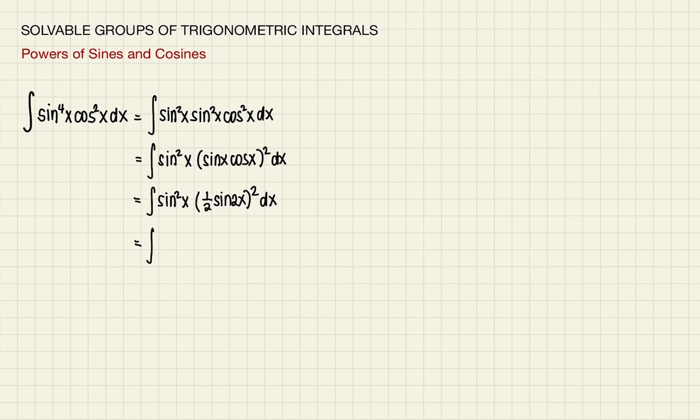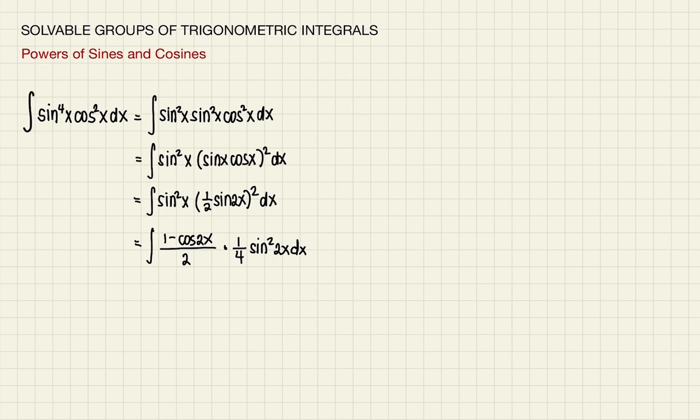So sine squared x is equivalent to 1 minus cosine of 2x over 2. And raising 1/2 sine of 2x to the power of 2, that would give us 1/4 sine squared of 2x dx.